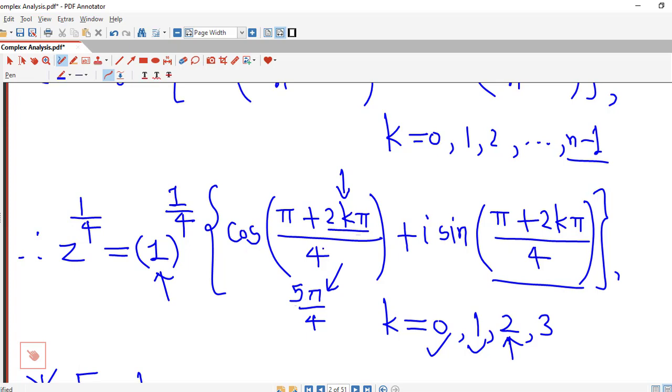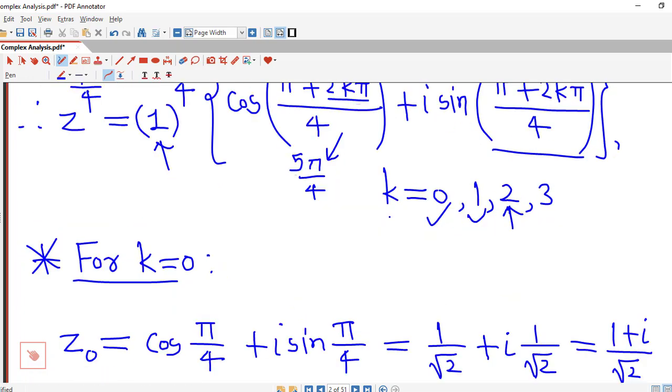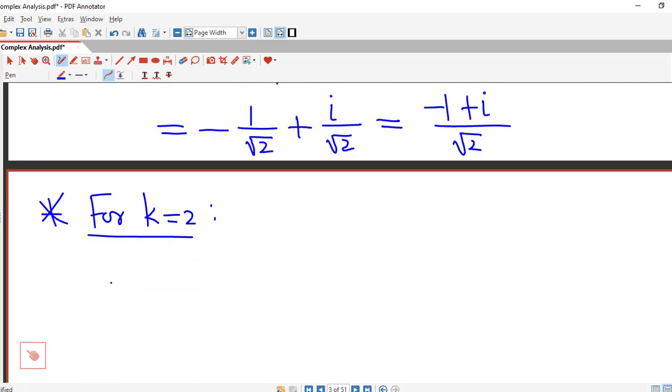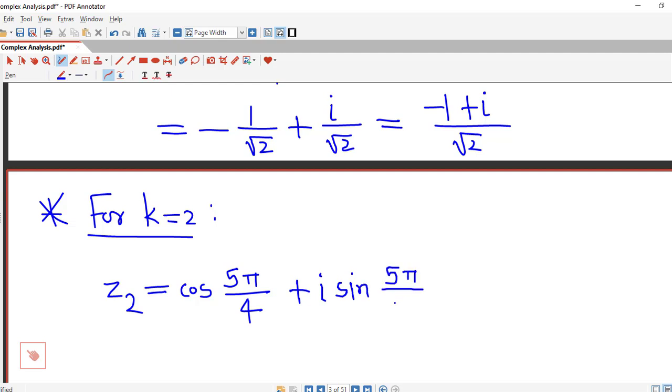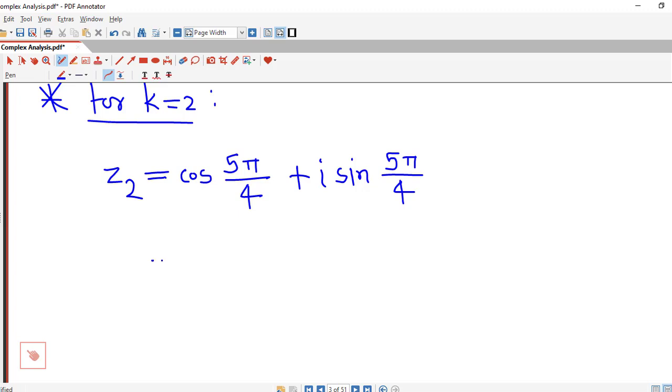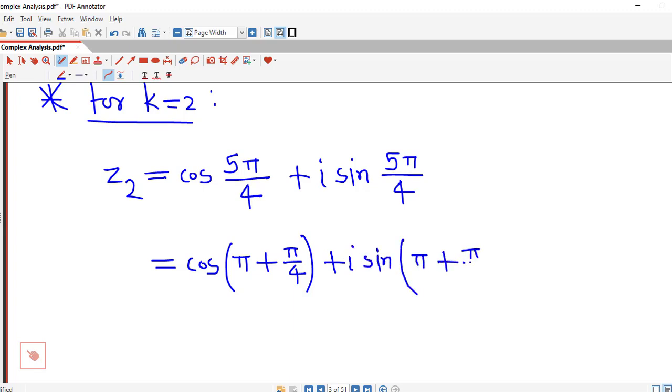The root corresponding to k equal to 2 is denoted by z suffix 2, and it is cosine of 5 pi by 4 plus I sin 5 pi by 4. We can rewrite 5 pi by 4 as pi plus pi by 4, so it is cosine of pi plus pi by 4 plus I sin of pi plus pi by 4.